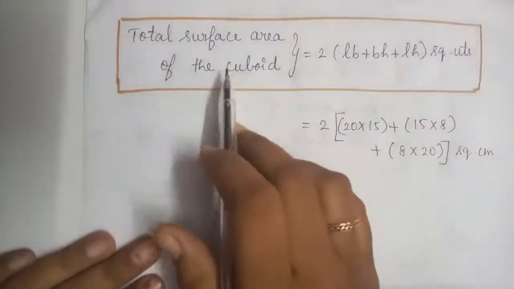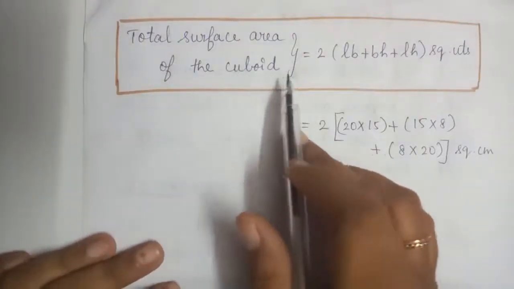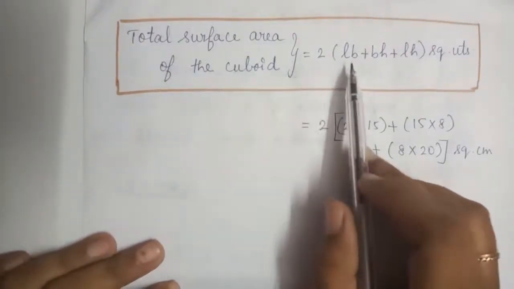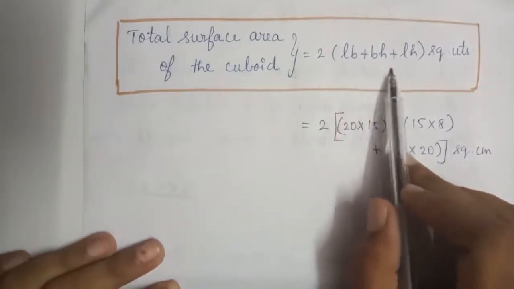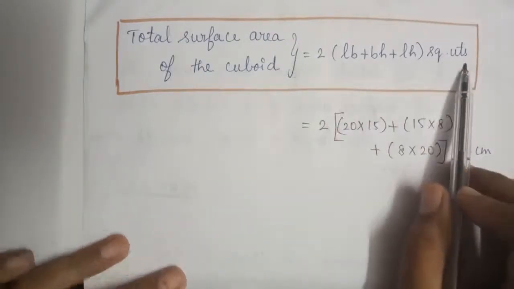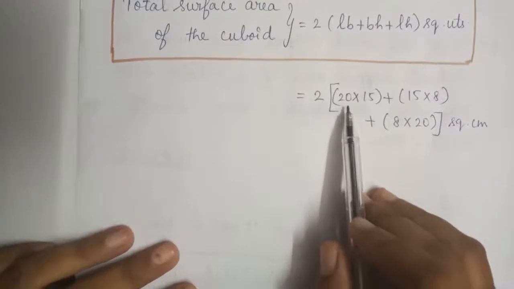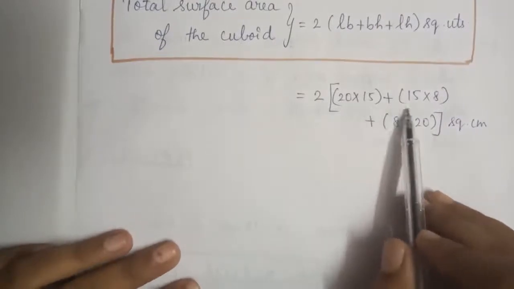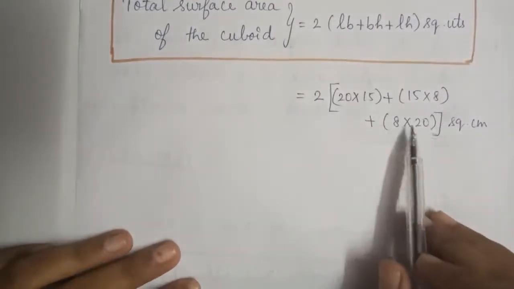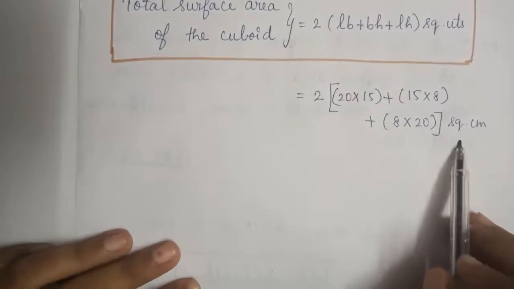Next, you have to find the total surface area of the cuboid, which is equal to 2 into (LB plus BH plus LH) square units, which is equal to 2 into (20 into 15 plus 15 into 8 plus 8 into 20) square centimeter.